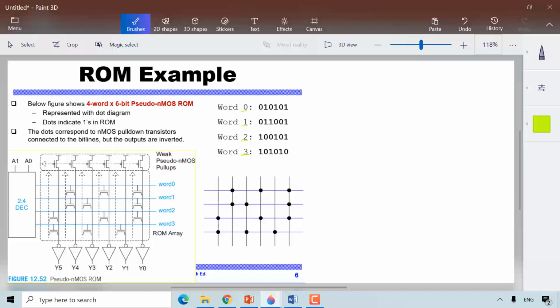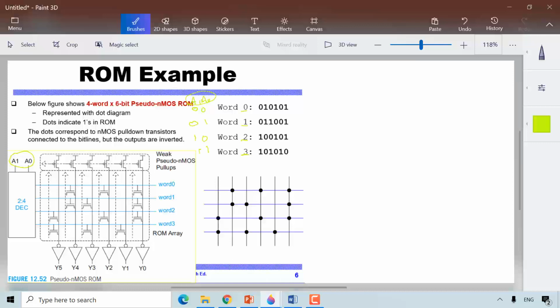So I assume that the address bits are A1 and A0. For word 0, the value of A1 and A0 will be 0, 0. For word 1, it will be 0, 1. For word 2, it will be 1, 0. For word 3, it will be 1, 1, the value of the address bits.